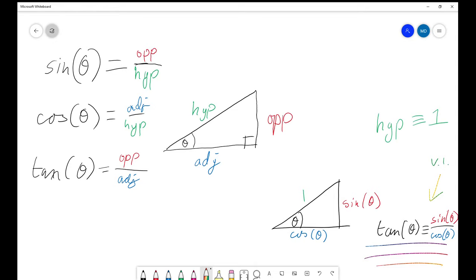Okay, so how does this help us? Well, it turns out something very interesting occurs. If we think about all of the triangles that have a hypotenuse of 1, and I were to draw them, one looks like this. Let's say I had a lower angle, so this triangle here.